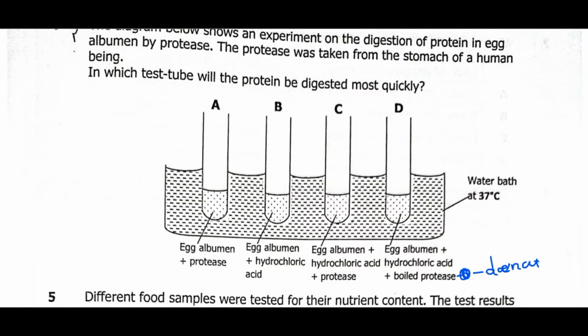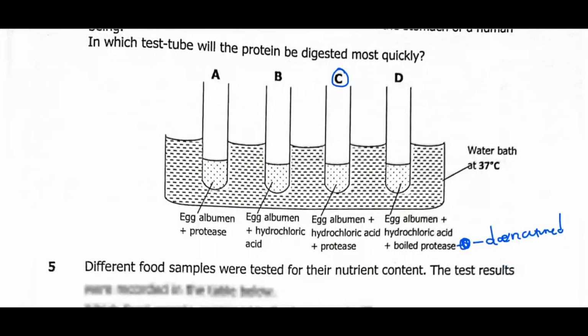The enzymes have been denatured because of the boiling. So the best answer here is C, because we need hydrochloric acid to provide the optimum pH for the protease to operate.